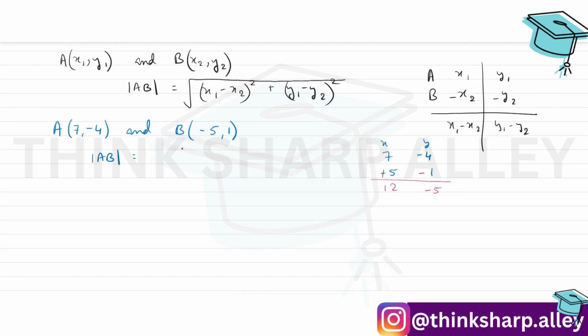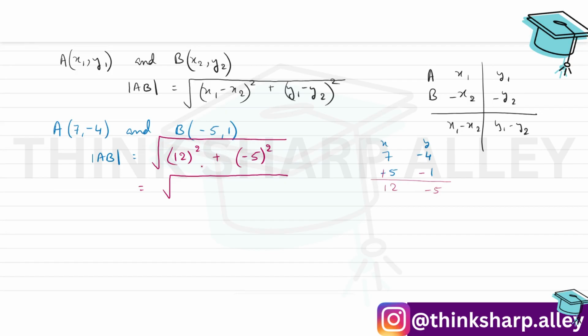Now we just have to take the square. So we'll square them and add them up. So plus (-5) squared. When we square a negative number, we get a positive number. Don't forget the square root. Now many of you have made a mistake: for root of 12 squared plus 5 squared, they take 12 out and 5 out, then add them up, 12 plus 5.